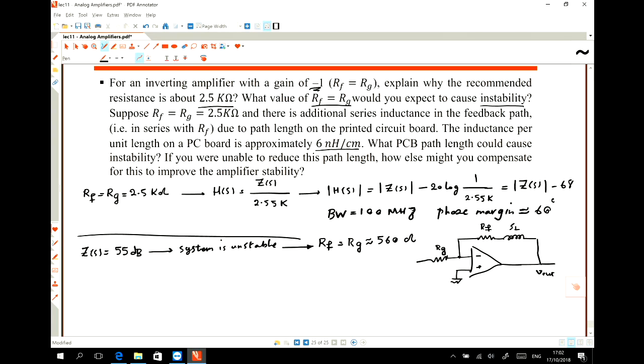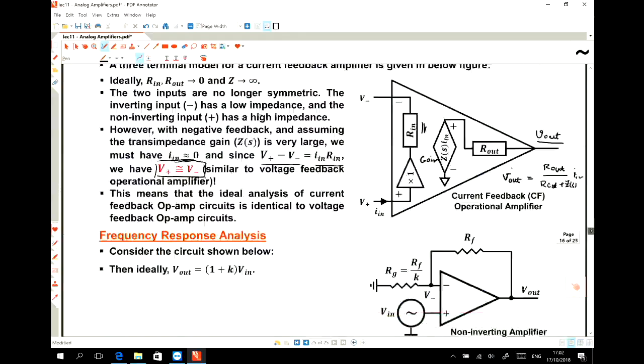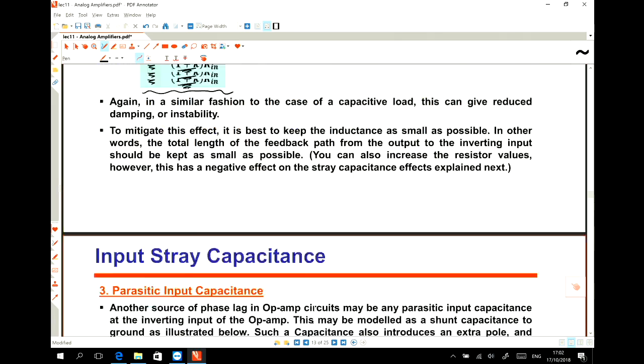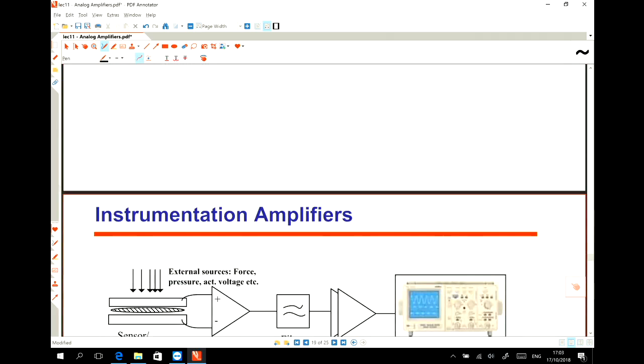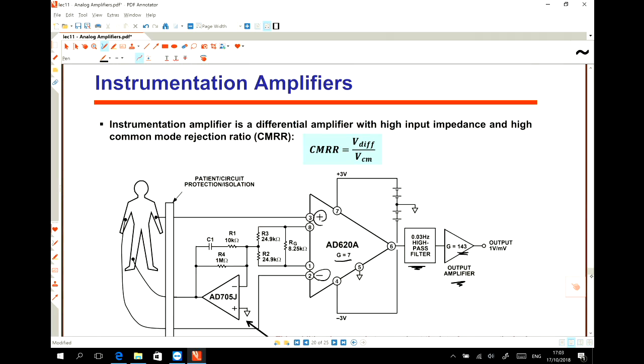And based on this formula that we had for the series inductance in our feedback path, it gives you something like this, TL equals LS over 1 plus K R in, and then we have to find this LS in such a way that it generates that amount of loss in your open loop transfer function.